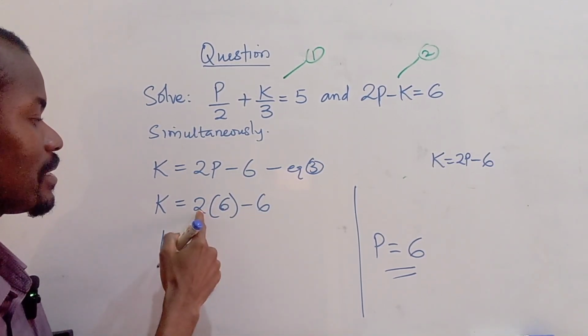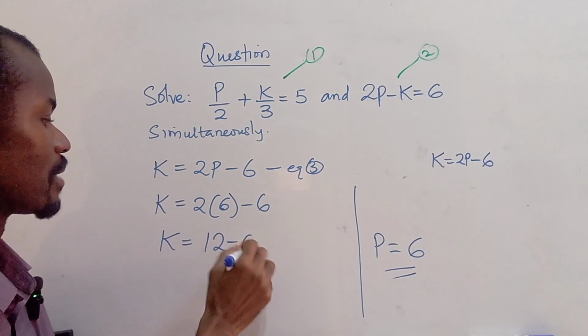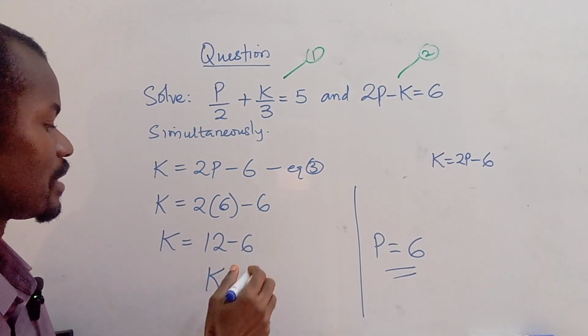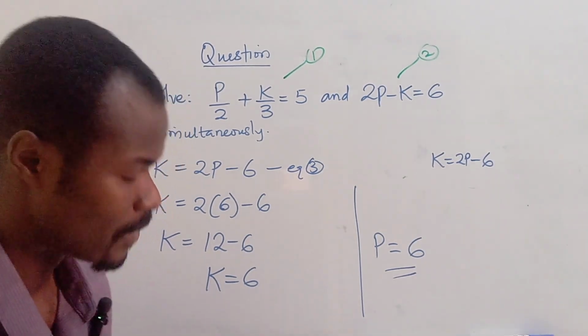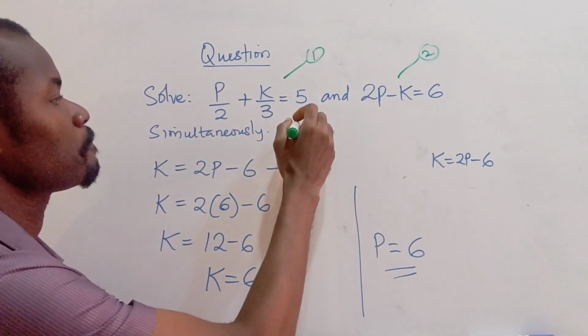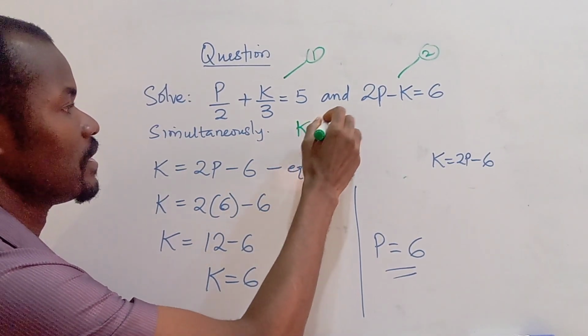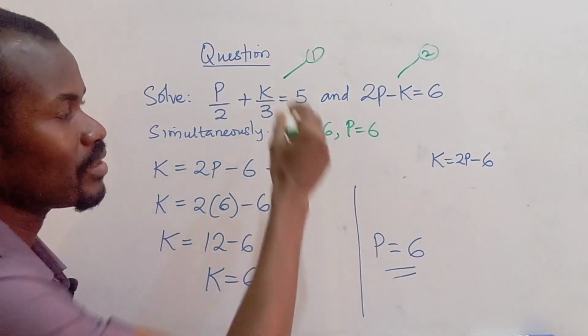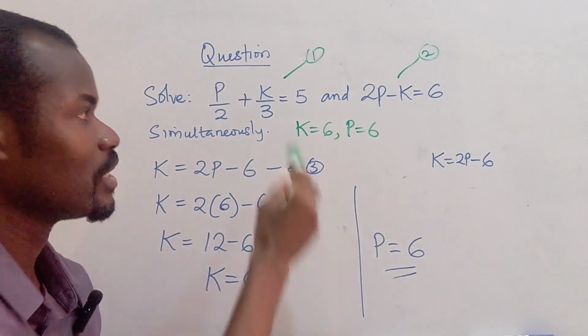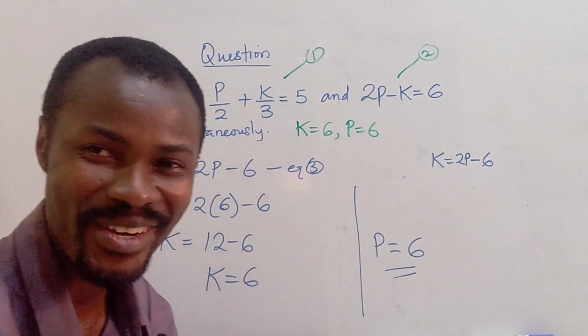So 6 times 2 is 12, minus 6. Our value of K is 6. So simultaneously, K is 6 and the value of P is 6. You can still substitute it into the equations to see if we are correct.